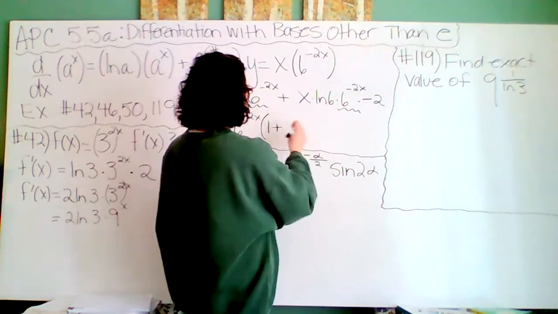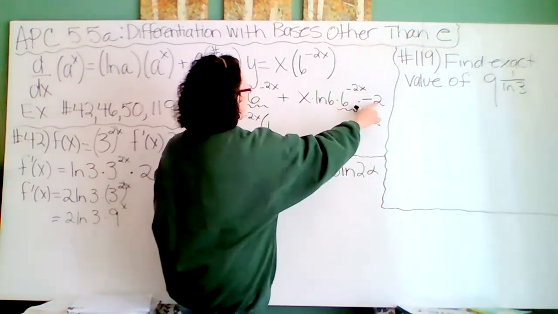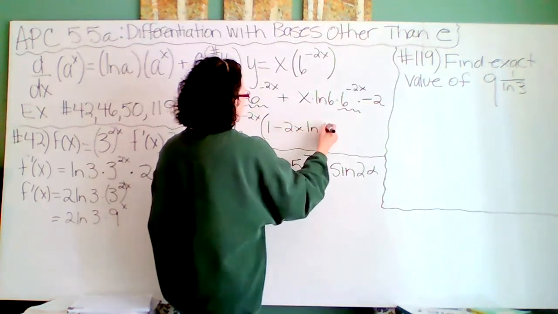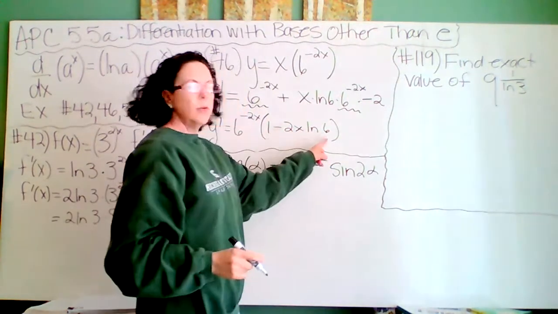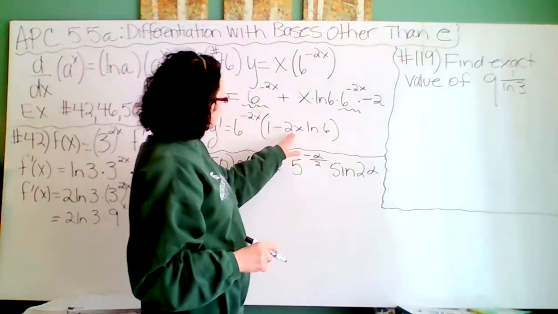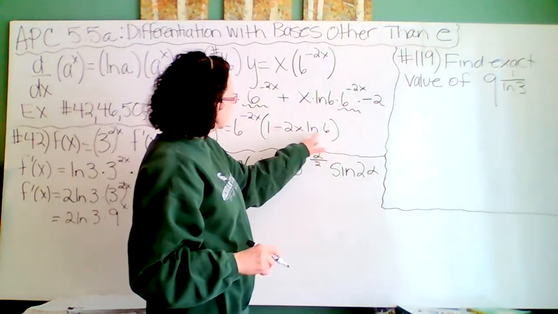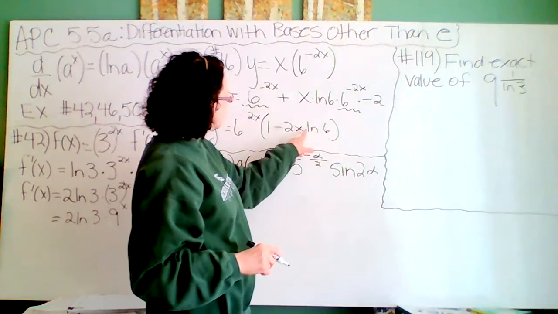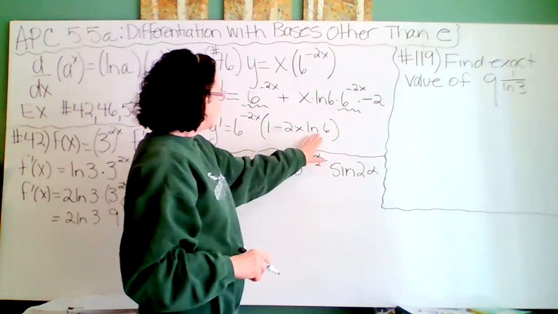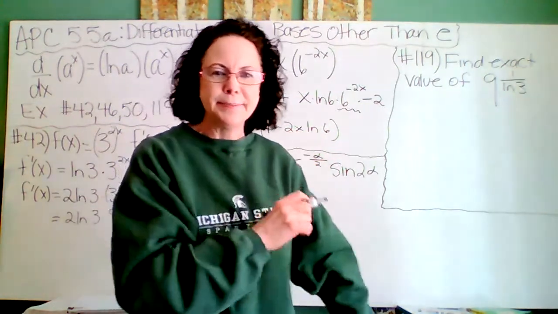Plus, that would leave a negative 2x natural log of 6. Again, any order that you write this in here is fine. They just tend to put the natural log of 6 last, so it doesn't look like the x is with the 6, and so they tend to put a natural log last.